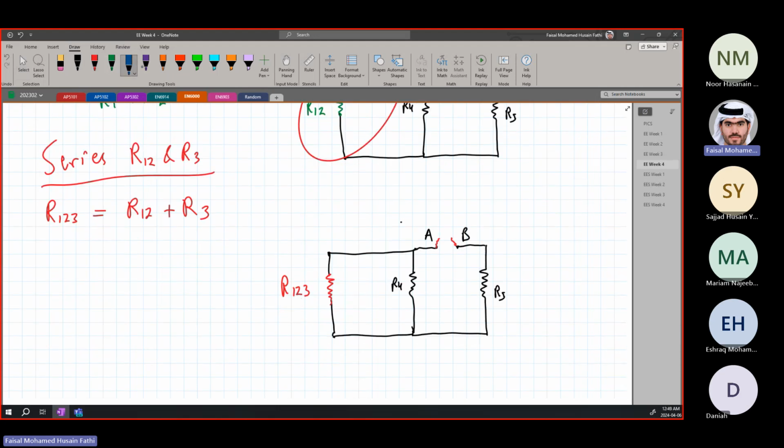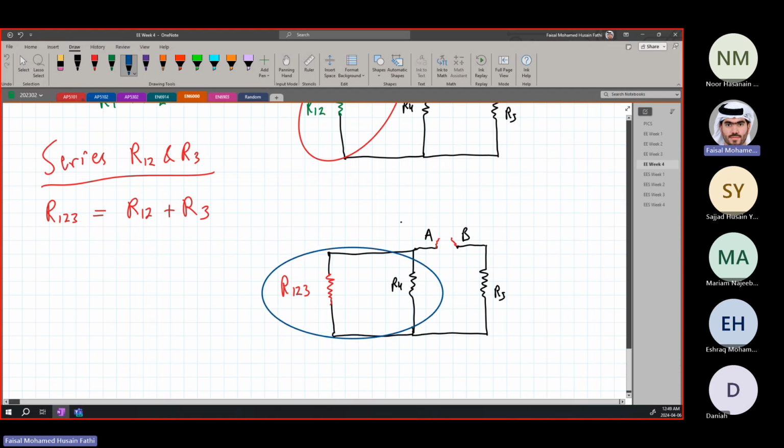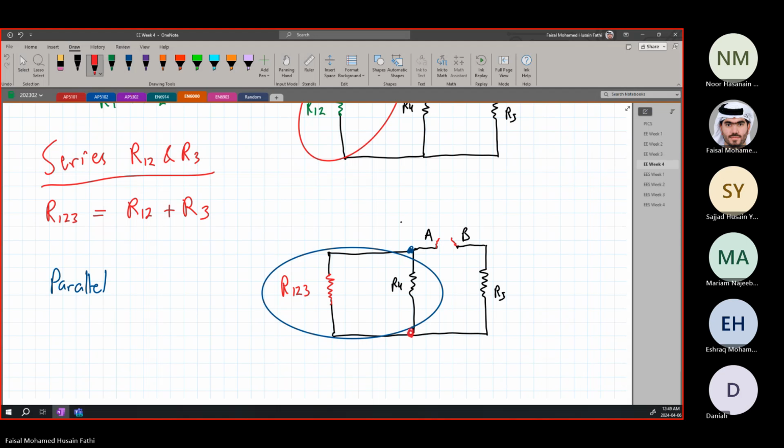Now we look at the next part, which is these two resistors. زين. They are in parallel, obviously. Why are they in parallel? Because they're connected at 2 points. They're connected at one here and another point down here. And then they're connected to each other at 2 points.